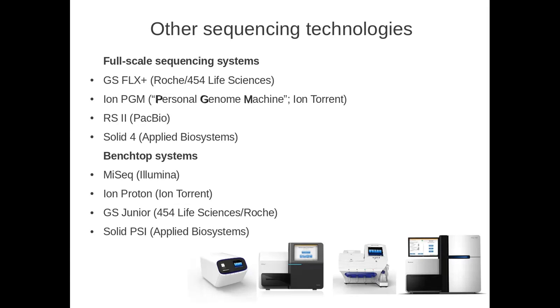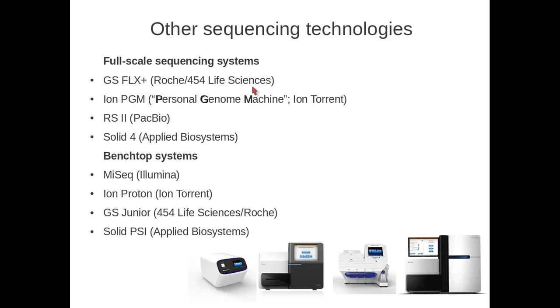The SOLiD is a competitor of Illumina, and offers a higher accuracy per base. Each of these has various aspects that are beneficial. So it's not that any one of these is necessarily the best machine, but rather the machine that best suits your purposes. Another example would be the 454 from Roche 454 Life Sciences.